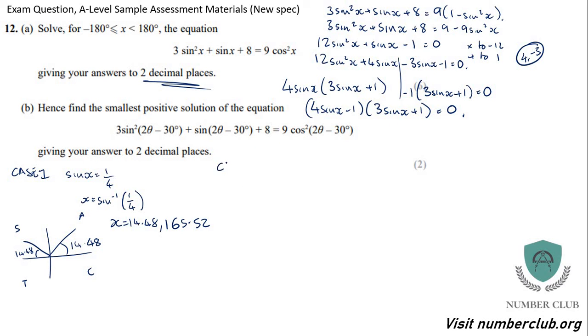Alright, so case 2. We've got 3 sine x plus 1 equals 0, and so therefore sine of x is equal to negative 1/3. X is equal to inverse sine of negative 1/3. And so we'll find out a value for x now. So we use inverse sine of negative 1 over 3, which is negative 19.47.